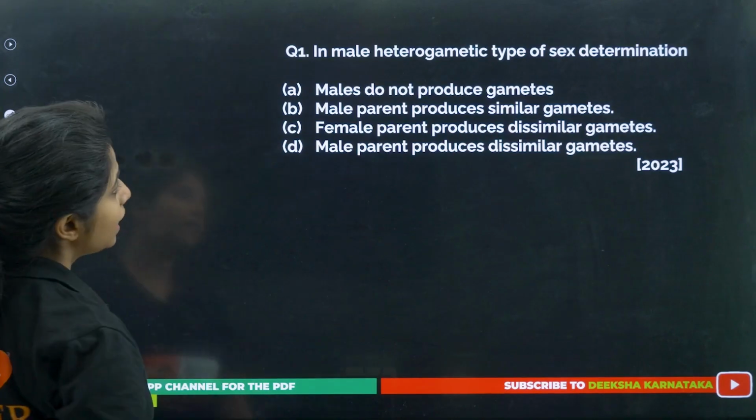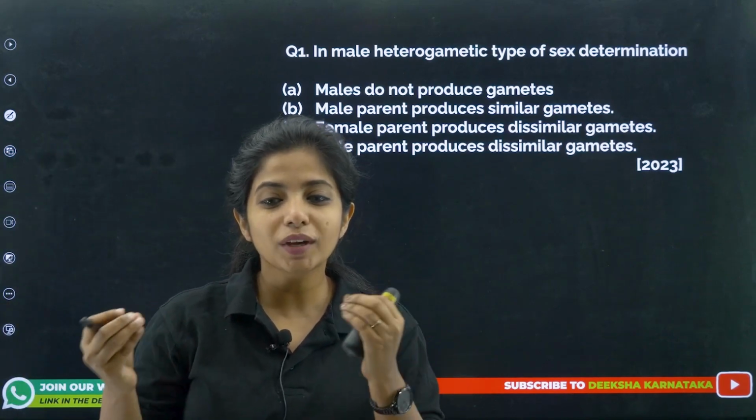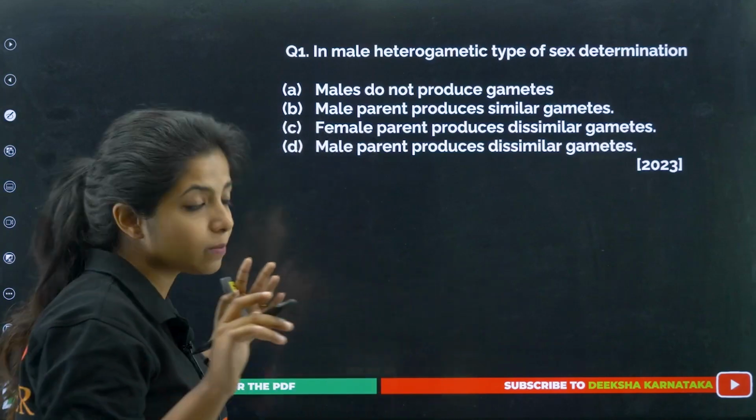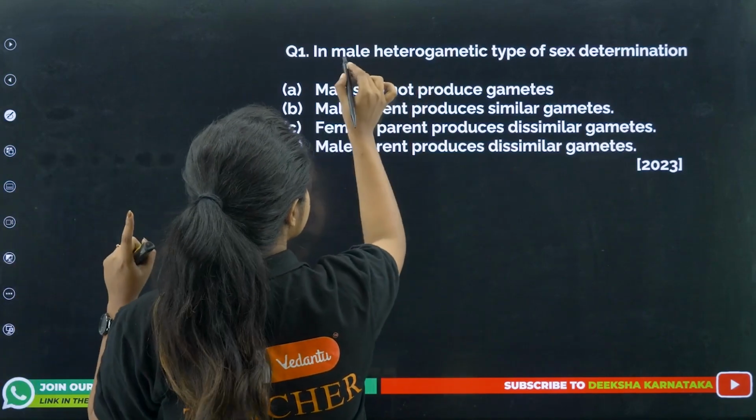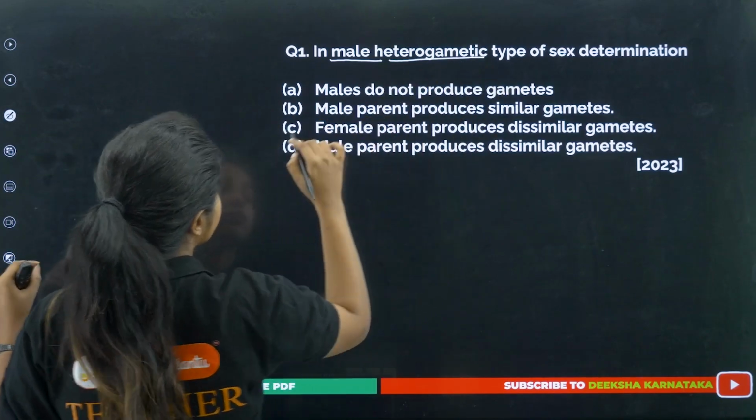In male heterogametic type of sex determination, what happens? So what do you mean by heterogametic? Heterogametic basically means not similar. Hetero means not similar, homo means similar. So it's talking about the male being heterogametic for something.